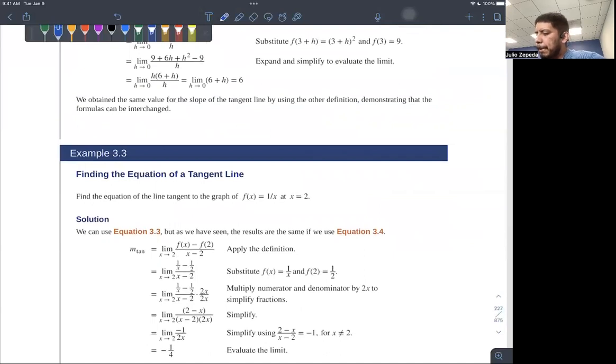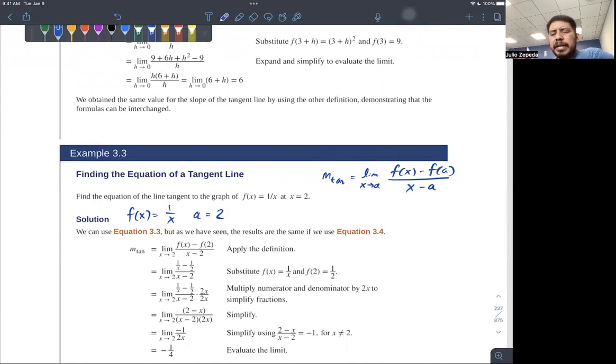Okay, so find the equation of the tangent line to the graph. So our function, f of x is equal to 1 over x. I need to find the slope of the tangent line. So I'm going to use the limit as x approaches a of f of x minus f of a divided by x minus a. And so in this case, our value of a is equal to 2.